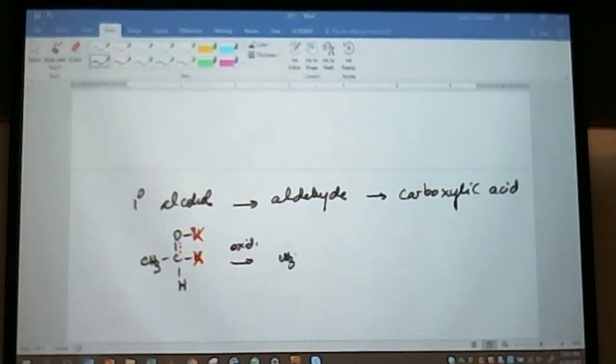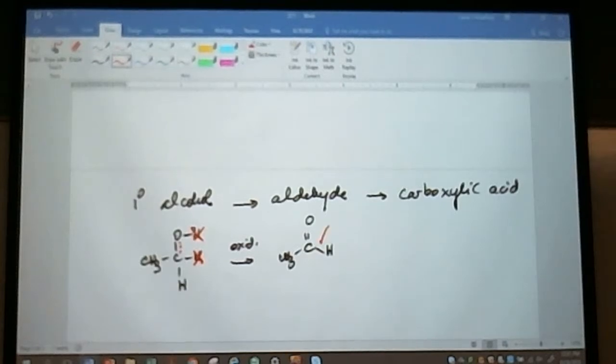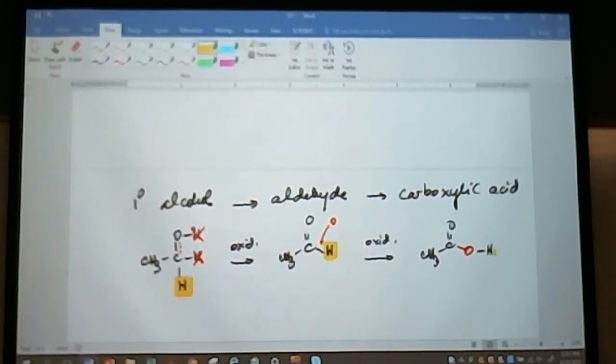So now we're gonna make an aldehyde, okay? Now I'm gonna add an oxygen here. So in this case, this is an oxidation because I'm removing hydrogen. In this case, this is an oxidation because I'm adding oxygen. And that would be a carboxylic acid.